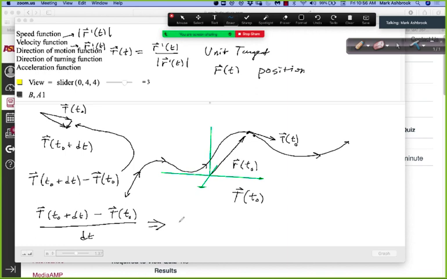Yeah, this is like the derivative of the unit tangent vector. And so which direction does that face? The derivative of the unit tangent vector points this way, like that. You see that? So that's the same direction as this.